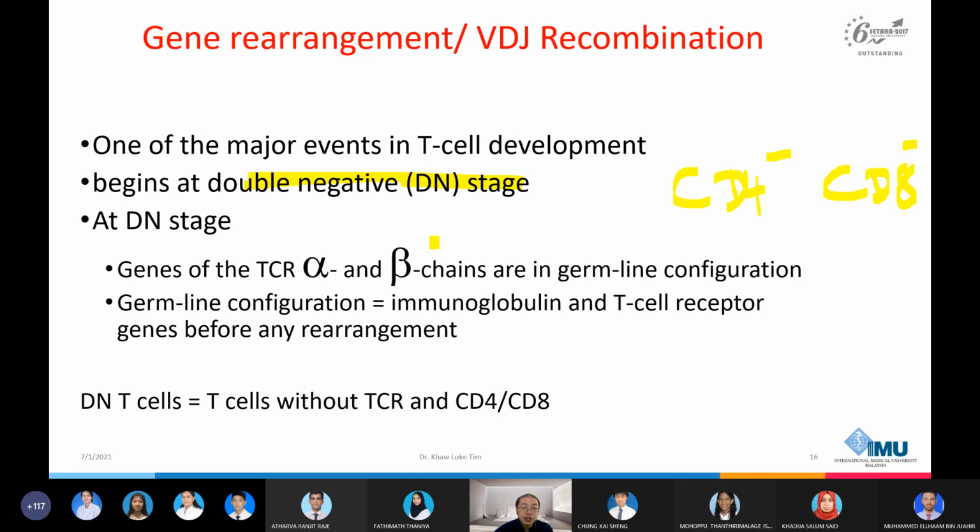And here, what happens during this stage is the genes are still in germline configuration. So they're still waiting, before any rearrangement process, because after this you'll see the gene rearrangement. Double negative T cells refers to cells without T cell receptor and CD4 or CD8.